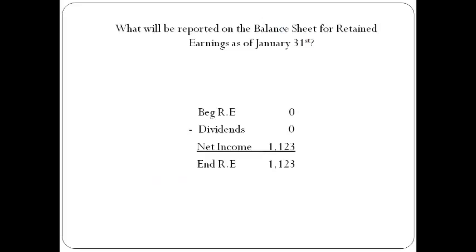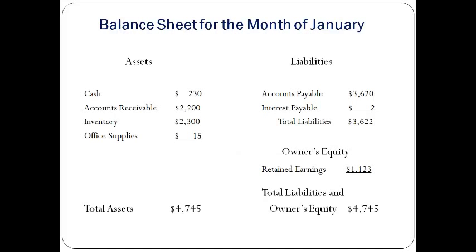Ending retained earnings must be adjusted for income and any dividends to owners to get the amount to report on the balance sheet. All assets, liability, and owner's equity accounts and the total amounts are reported on the balance sheet. Notice that the revenues and expenses that give the profit are included in retained earnings.